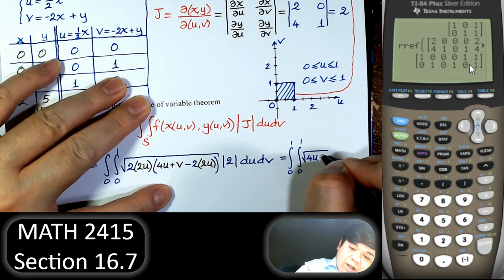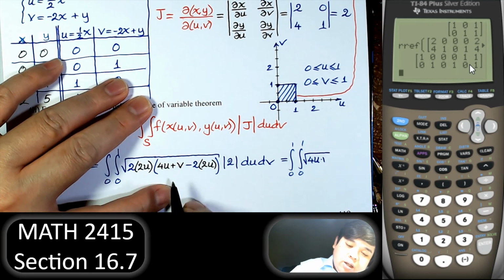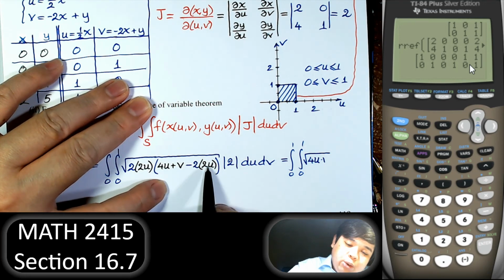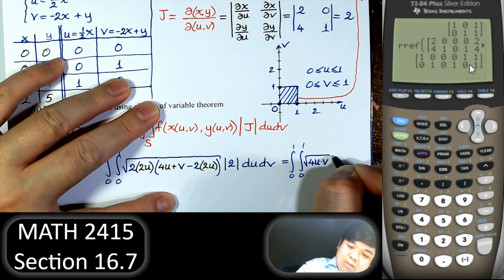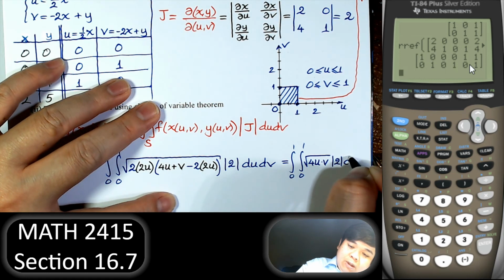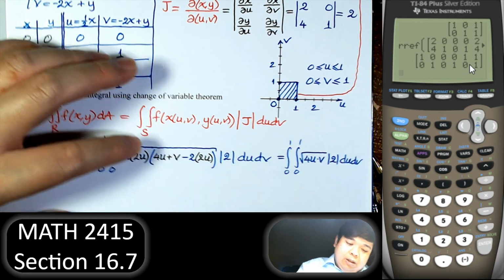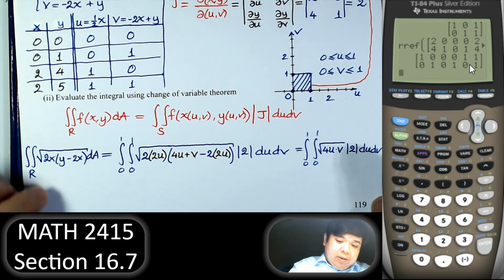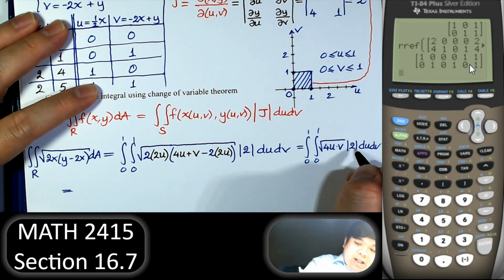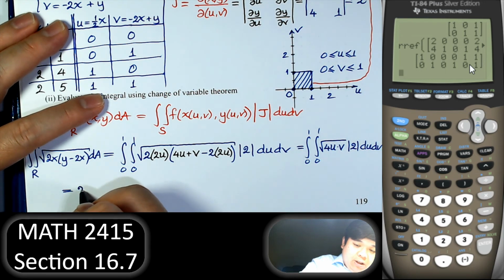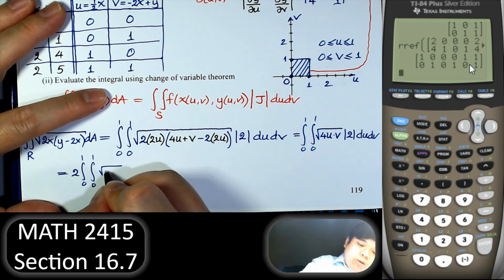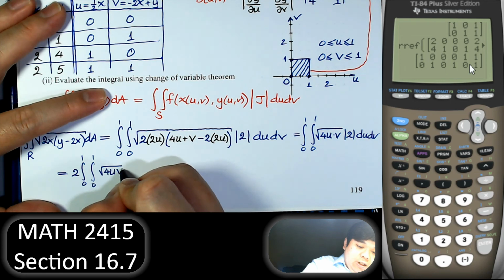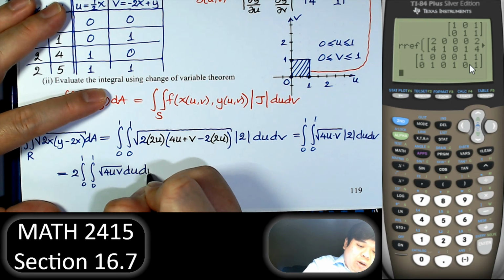So we have 4u, cancel 4u, so 4u times v, and then times 2 du dv, right? I can take the 2 outside the integral. Square root of 4uv du dv.